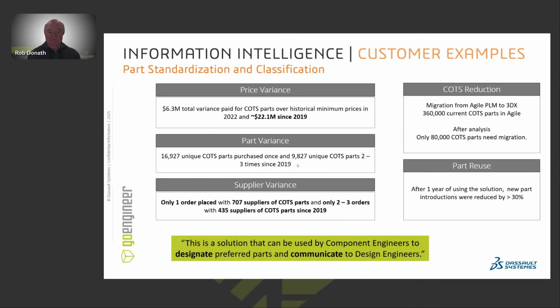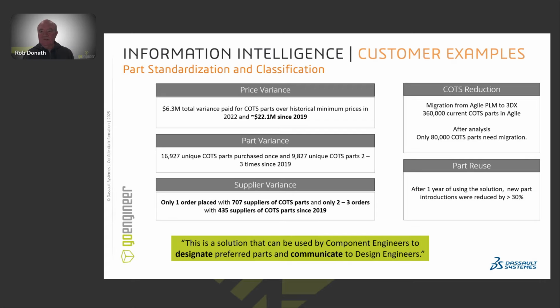Analyzing all of this information, they had 707 suppliers who had been vetted and contract negotiated with only once, for a single component part, which is an awful lot of overhead for the supplier community to manage, and only 2 or 3 orders were ever placed with almost 450 part suppliers.